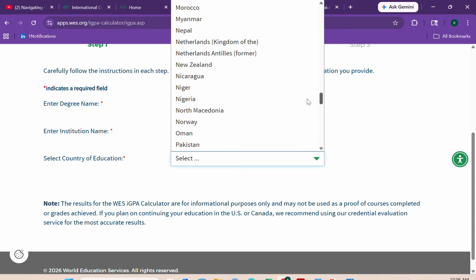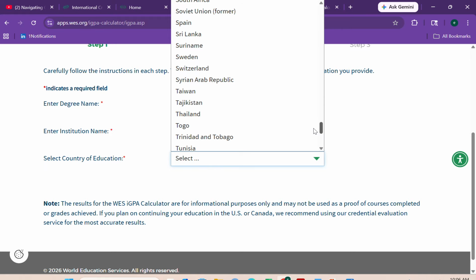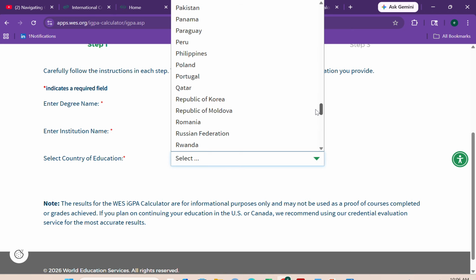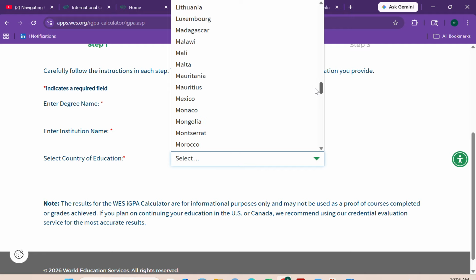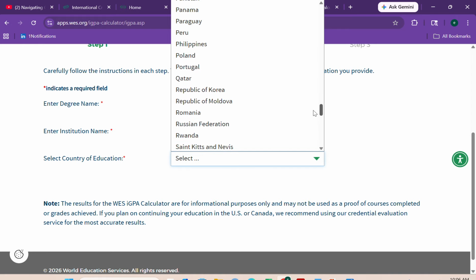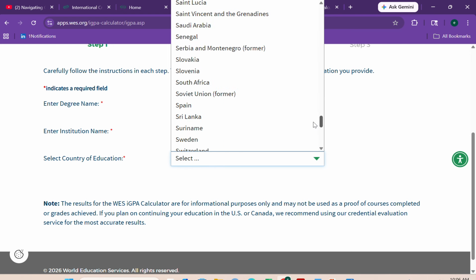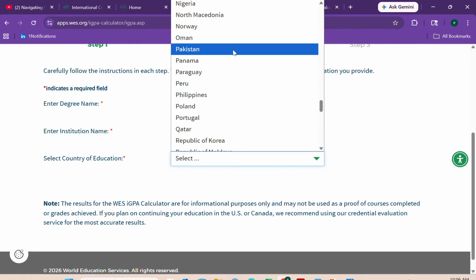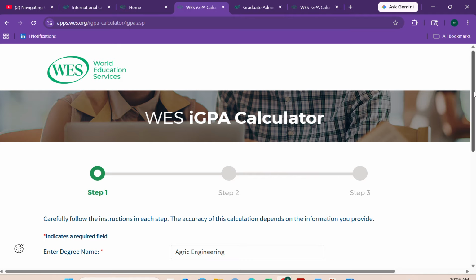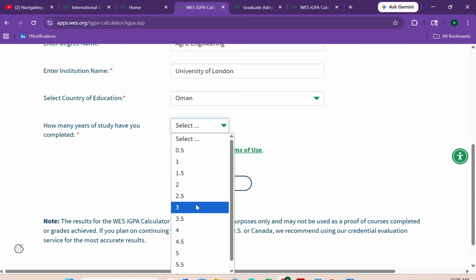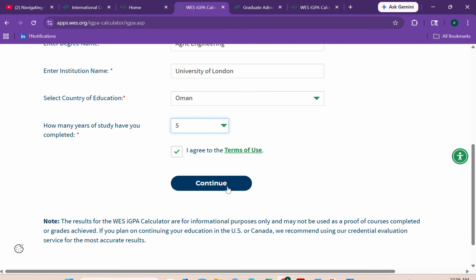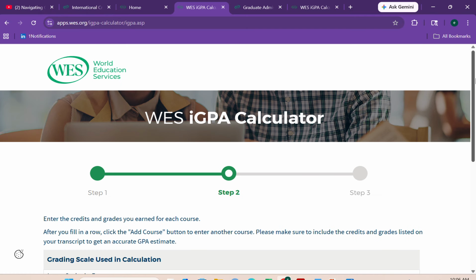Just enter the country wherever you have your degree, in the UK, or Ghana, Nigeria, Togo, Egypt, wherever you might be watching me from. Then I'll agree. How many years of study have you completed? Let's say I've completed 5 years. Then I'll just continue. Okay, then I'll go to the next step.